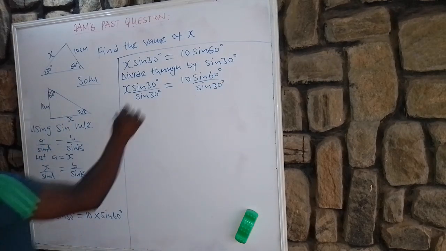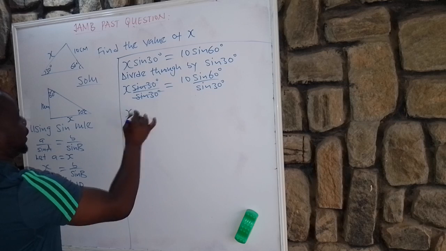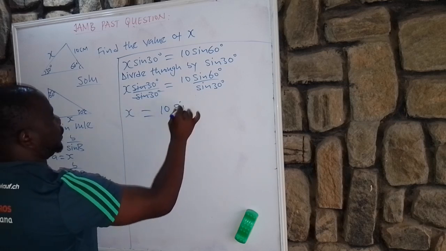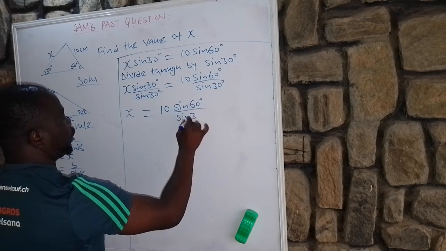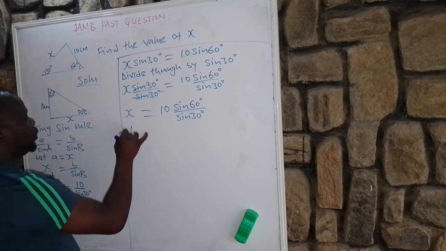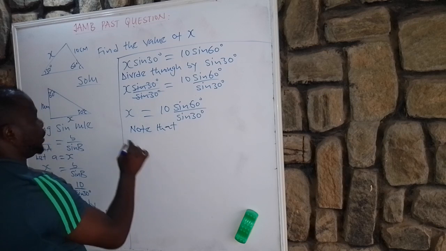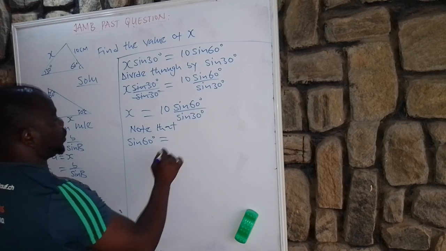Amen. This and this will cancel to give us X will now be equal to 10 sine 60 degree all over sine 30 degree. Now, we can use any value, but note that sine 60 degree is equal to what?